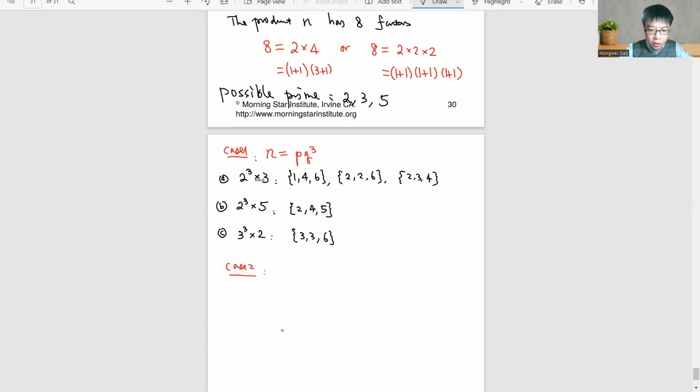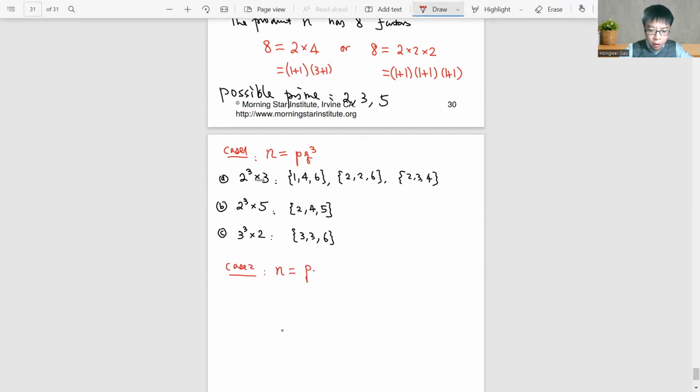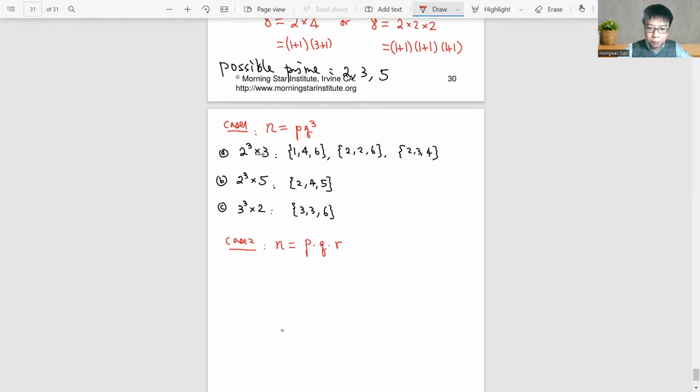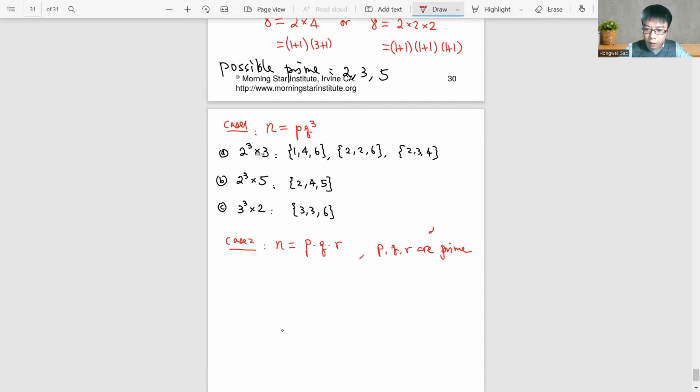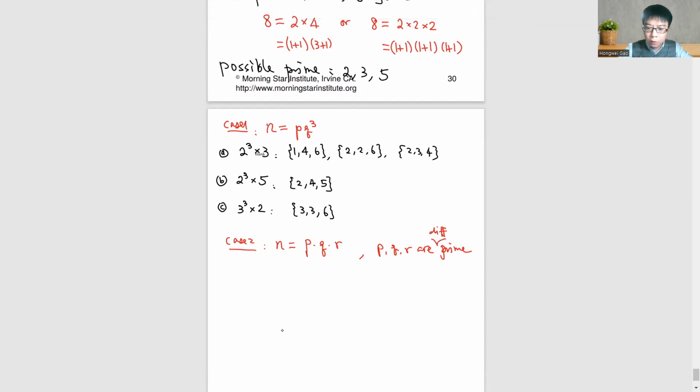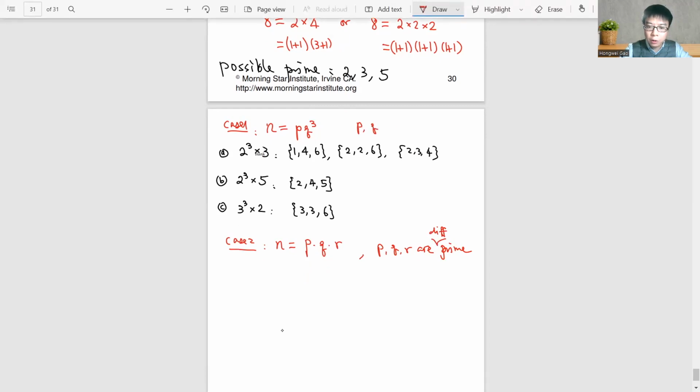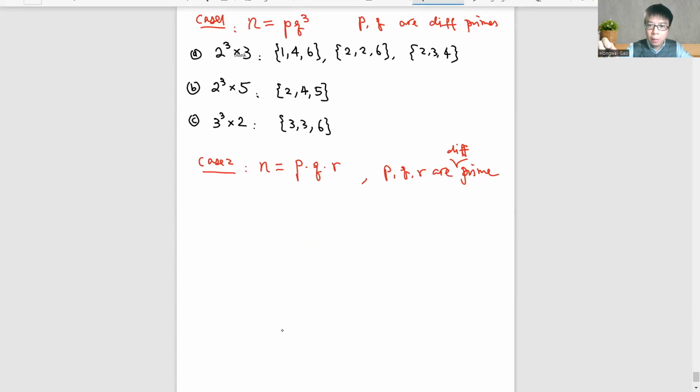Case 2: the product equals the product of 3 different primes, P, Q, R. Because we only have 3 different prime factors, 2, 3, 5, the only possibility is that N must be 2 times 3 times 5.